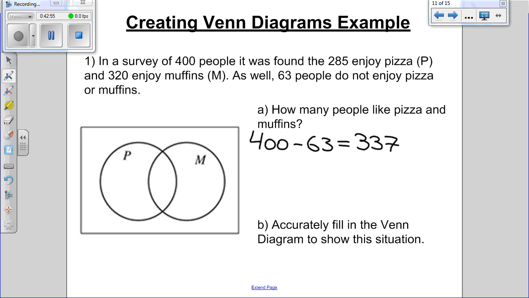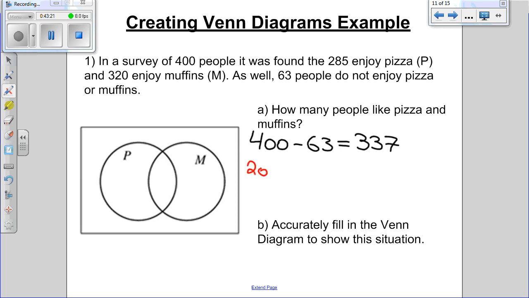Now, how many people are actually answering yes to pizza or muffins? How many people like pizza? We have 285 like pizza. How many people like muffins? So we're going to add that together, and we're going to figure out how many people said yes to one or the other of these questions.